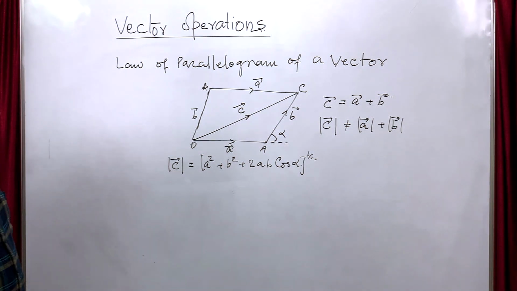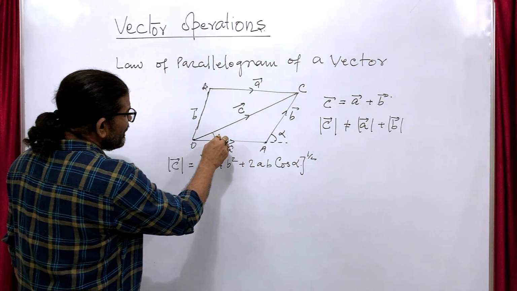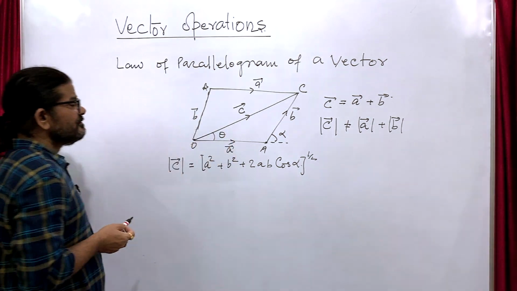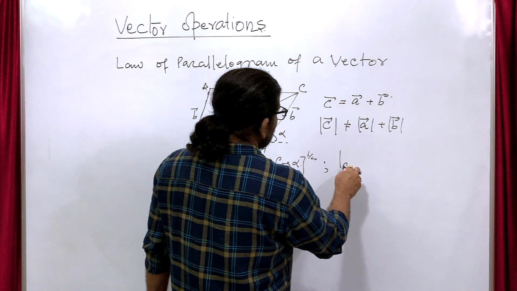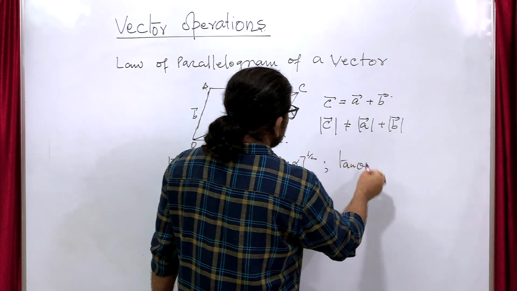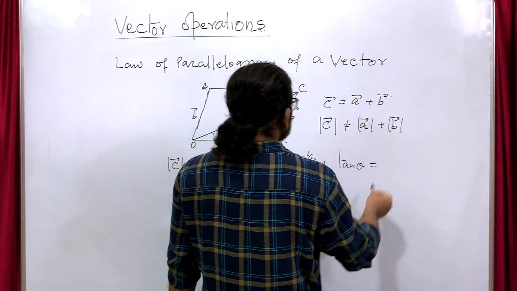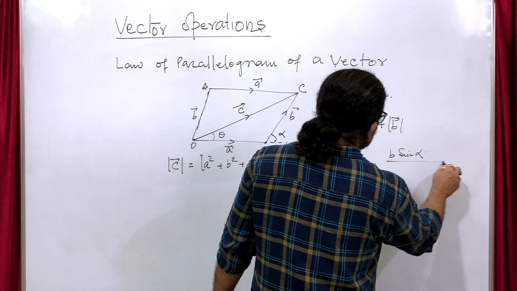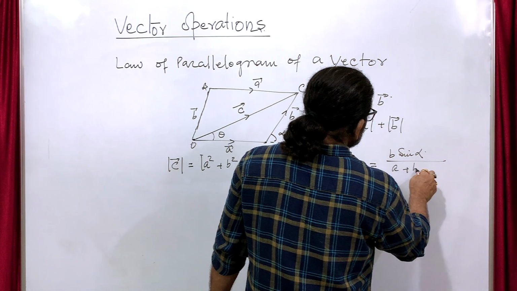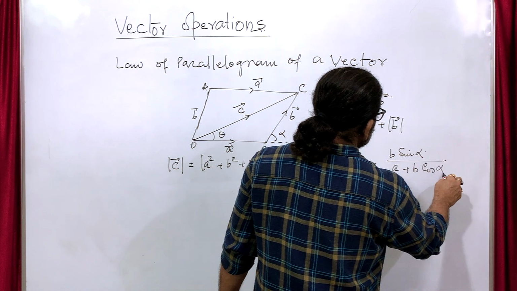Now if this makes angle theta, then for determining the direction, tan of angle theta can be written as B sine of angle alpha divided by A plus B cosine of angle alpha.